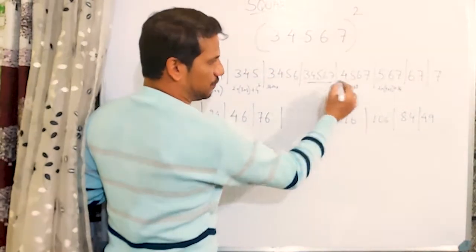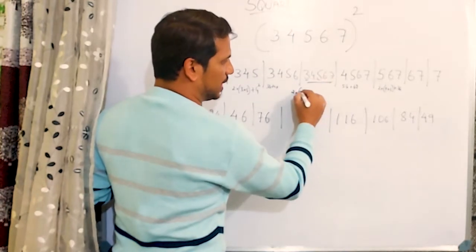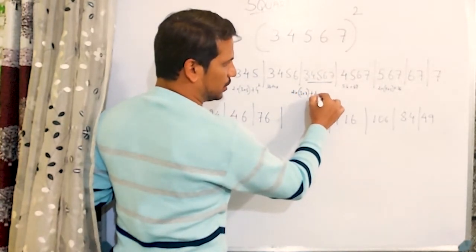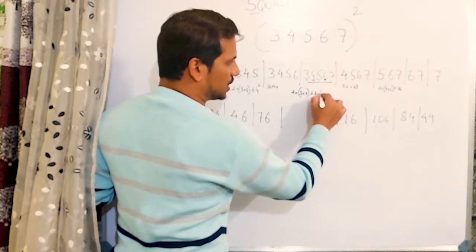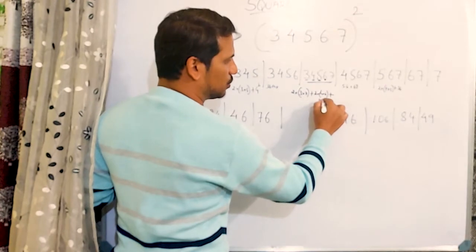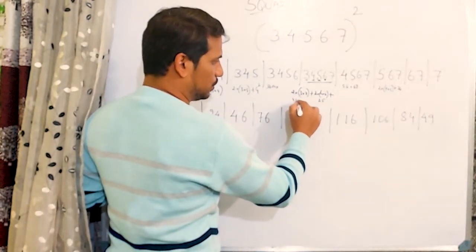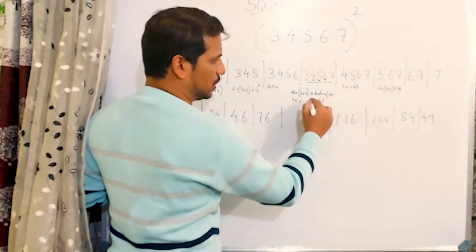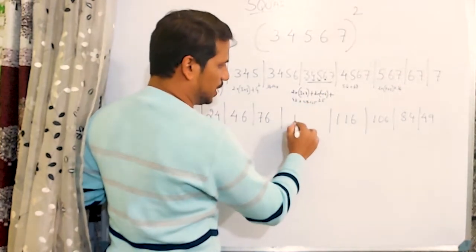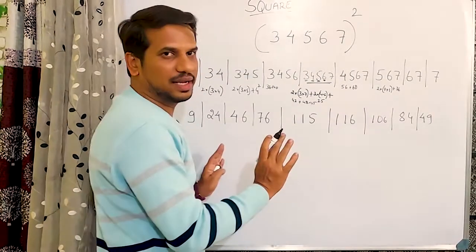So duplex of a 5 digit number, what is it? 2 into extremities 3 into 7, that is 21, into 2, 42, plus 2 into 4 into 6, that is 24 into 2, that is 48, plus 5 square, that is 25. This comes out to be 115. So rest is balancing it.